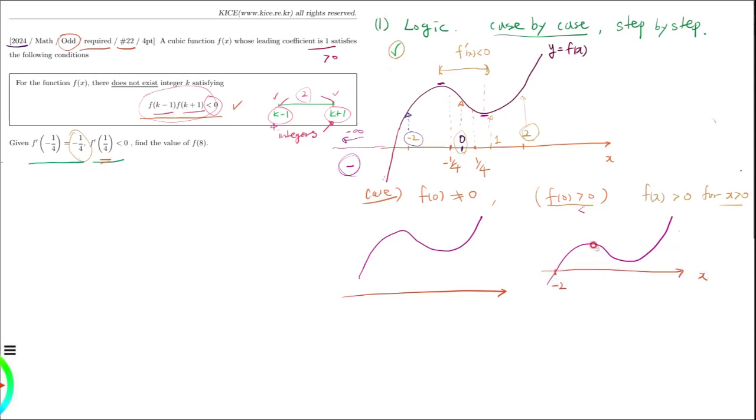Here f of negative 2, around here f of 0. I roughly have drawn the graph. So in this case, f of negative 2 should be positive. Okay.